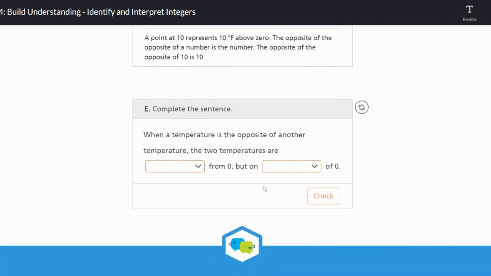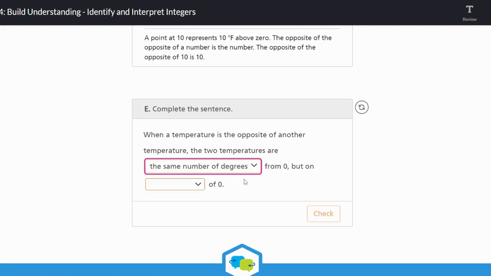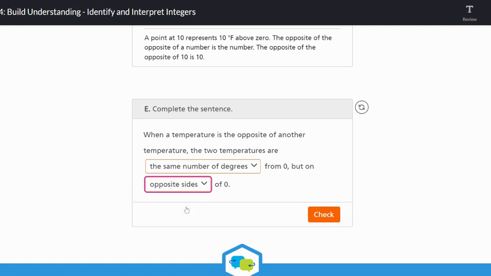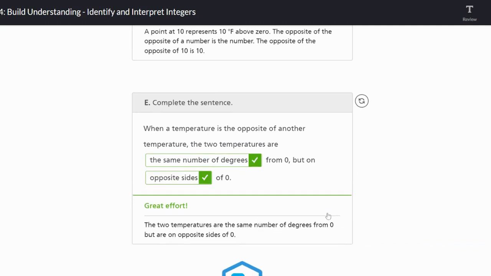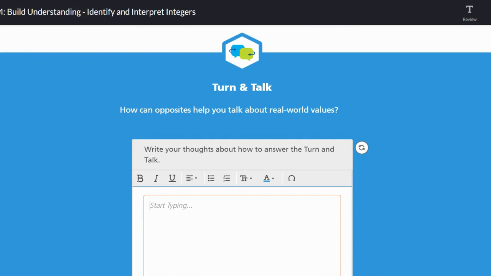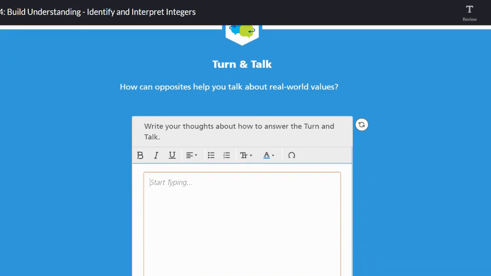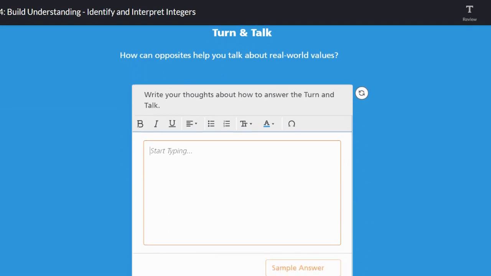When a temperature is the opposite of another temperature, the two temperatures are the same number of degrees from 0, but on opposite sides of 0. So let's talk. How can opposites help you talk about real-world values? So real-world numbers. Let's think about your bank accounts on Bankaroo.